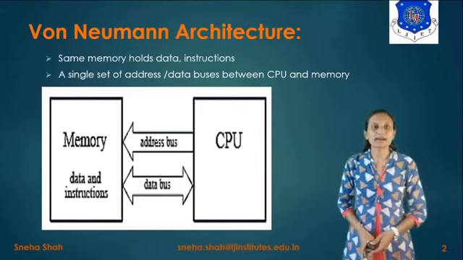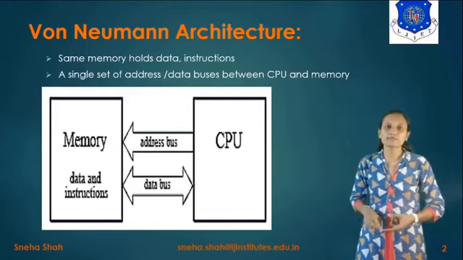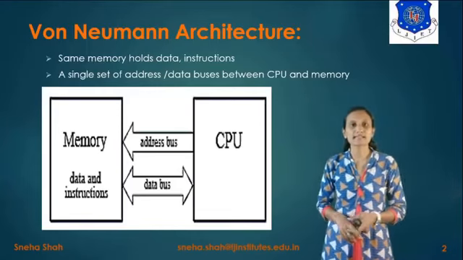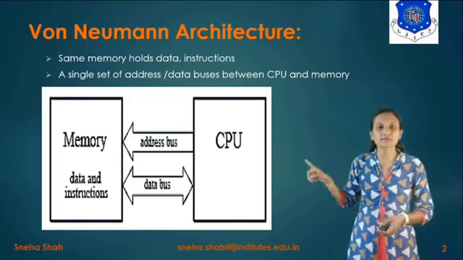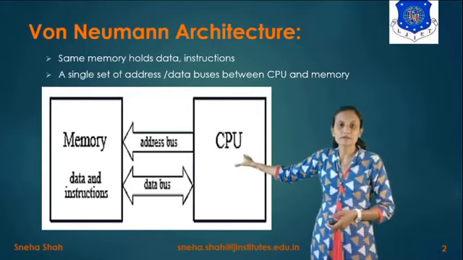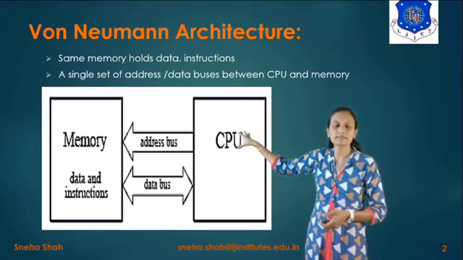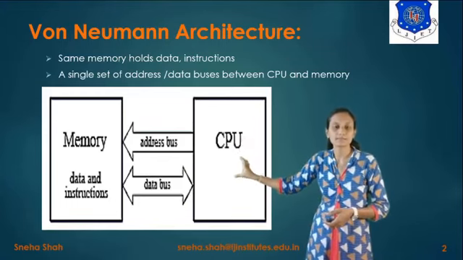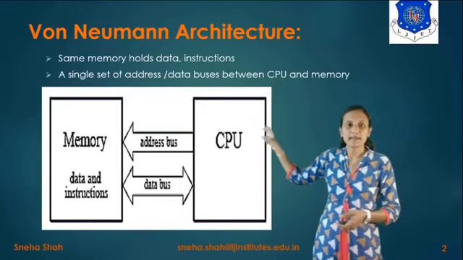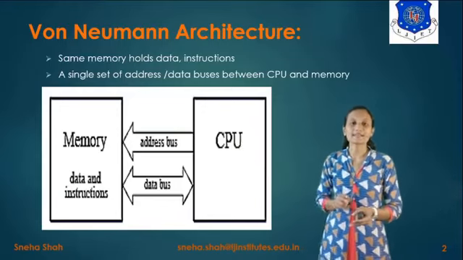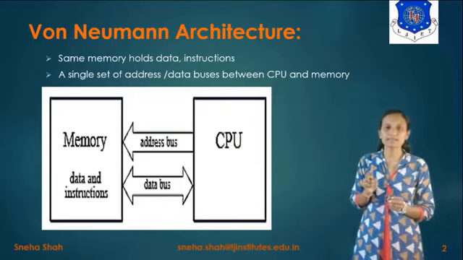Now, what are the basic parts of the Von Neumann architecture? It has basically 5 different parts. The first one is the CPU, the central processing unit. In this, all the data is centrally processed. Then the second part is memory. In the memory, data and instructions are stored.